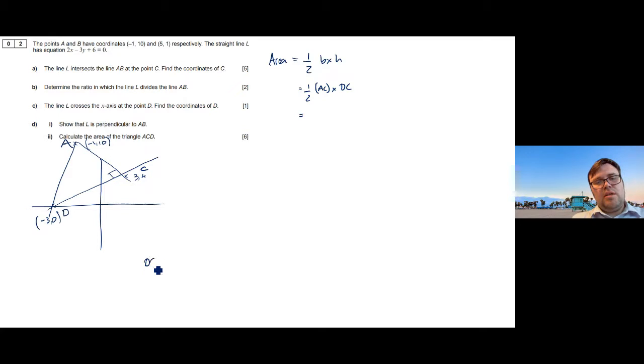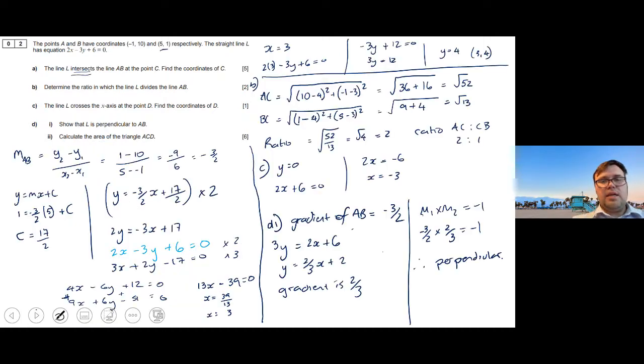So DC equals the square root of 4 minus 0 squared plus 3 minus -3 squared. So DC equals the square root of 16 plus 36, which is the square root of 52. And I believe if we look back that AC is also the square root of 52.